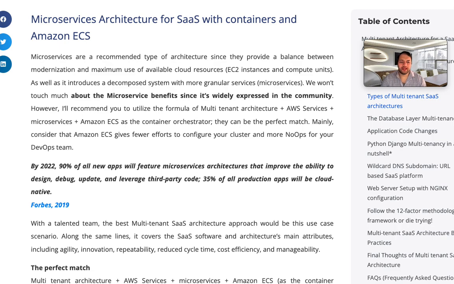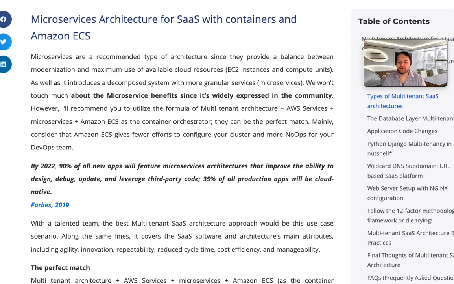Now, microservice benefits are widely accepted and expressed, so we're not going to go into those details, but it's recommended to use the multi-tenant architecture with AWS services, microservices, and Amazon ECS as a container orchestrator, and this entire ecosystem can work well.